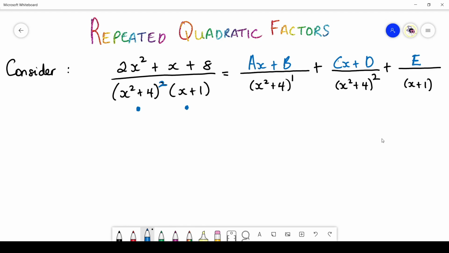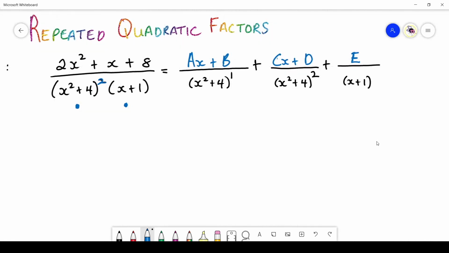All right. And because we already use A, B, C, and D, we will use the variable E. Remember, constants are just arbitrary. All right. And that's your split. Now, essentially, a split tends to be what your answer, the form your answer wants to look like. This is your split. The only thing that we need to find out is the values for A, B, C, D, and E.